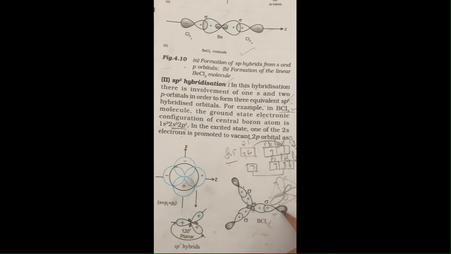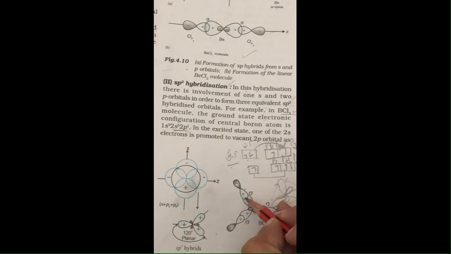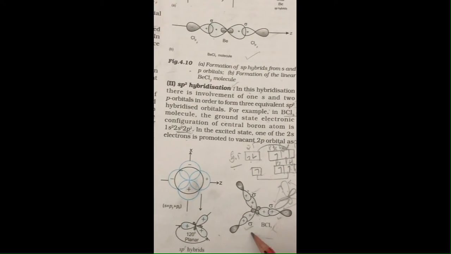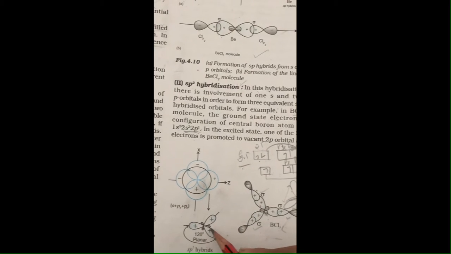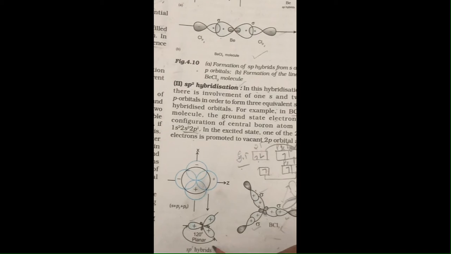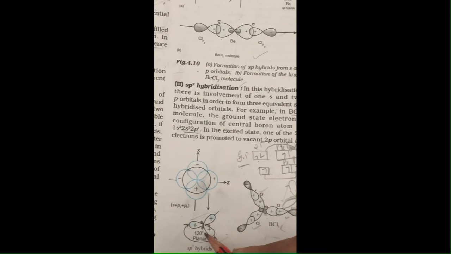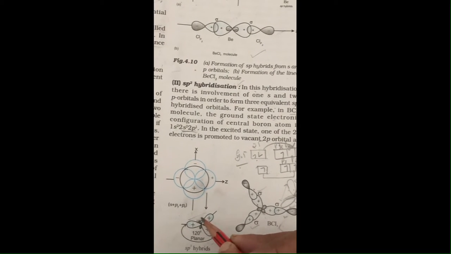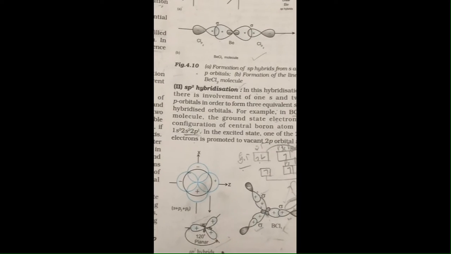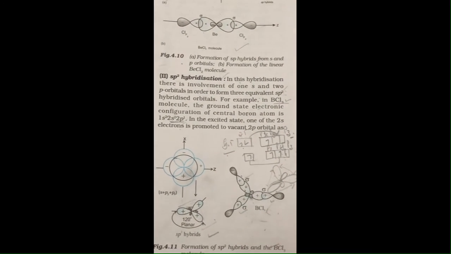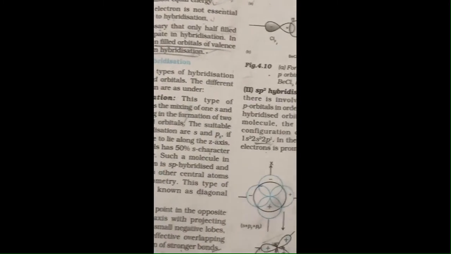This is the first p orbital overlapping, that is the second, and that is the third one. Clear? And the hybrid orbitals lie in a triangular plane, that is a planar structure, with an angle of 120 degrees between each. Clear? So this is the diagrammatic representation.